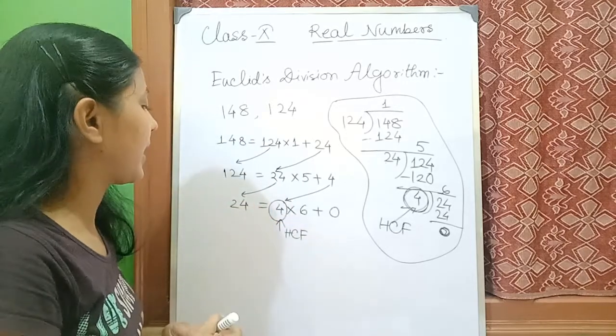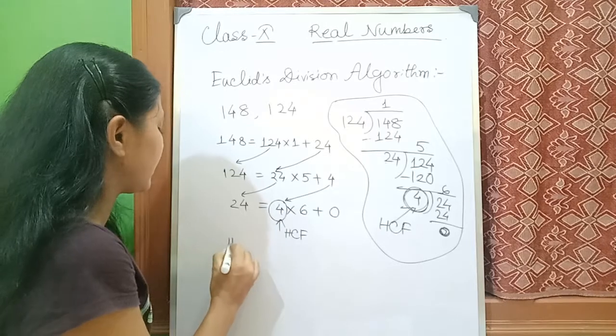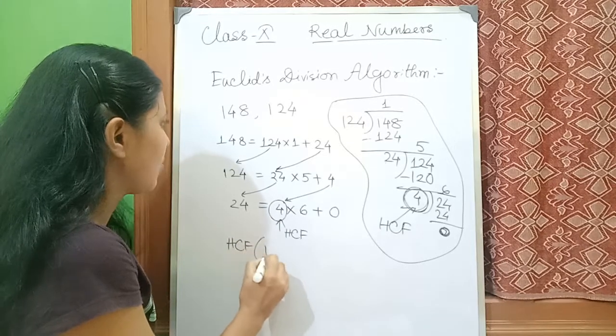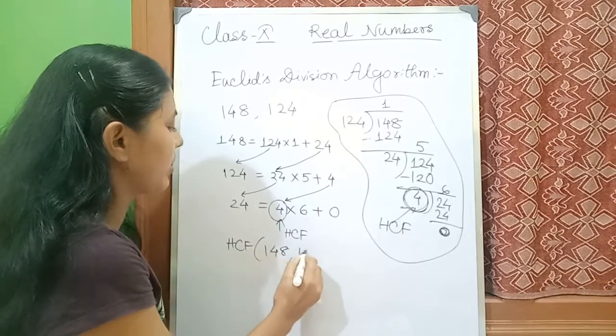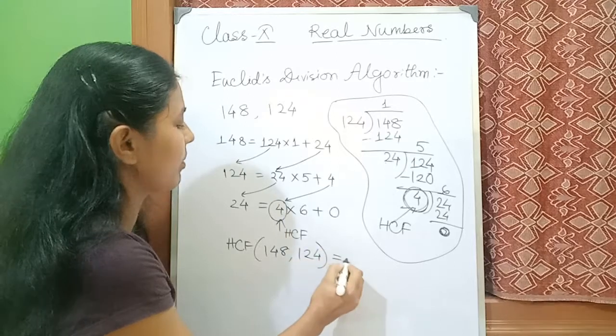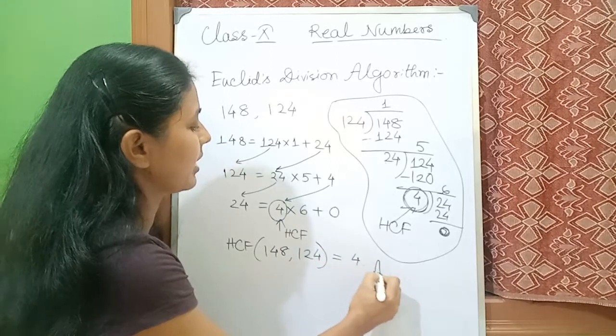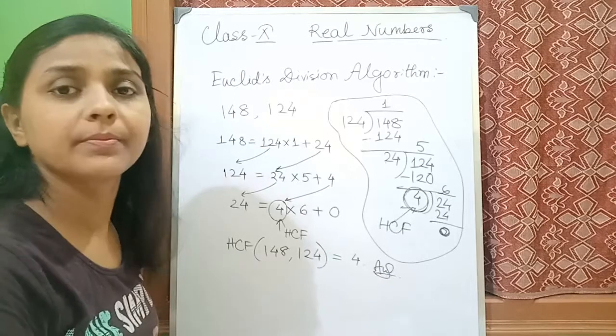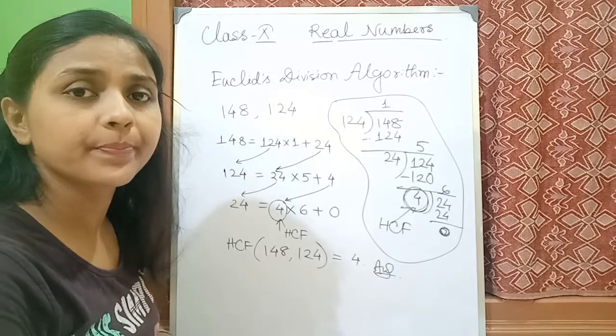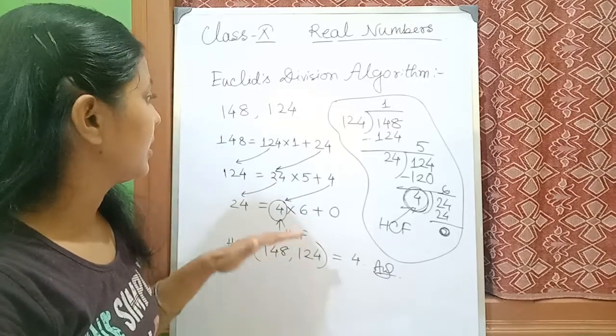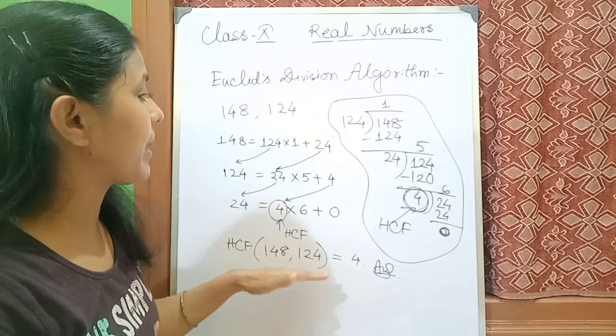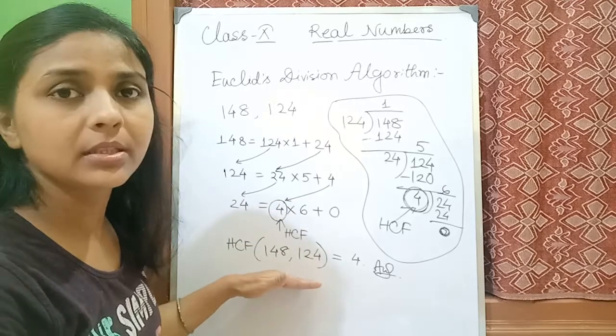And after finding this, you will write the answer that HCF of 148, 124 equals 4, and that is the answer. Okay. So I hope you have understood up to this.